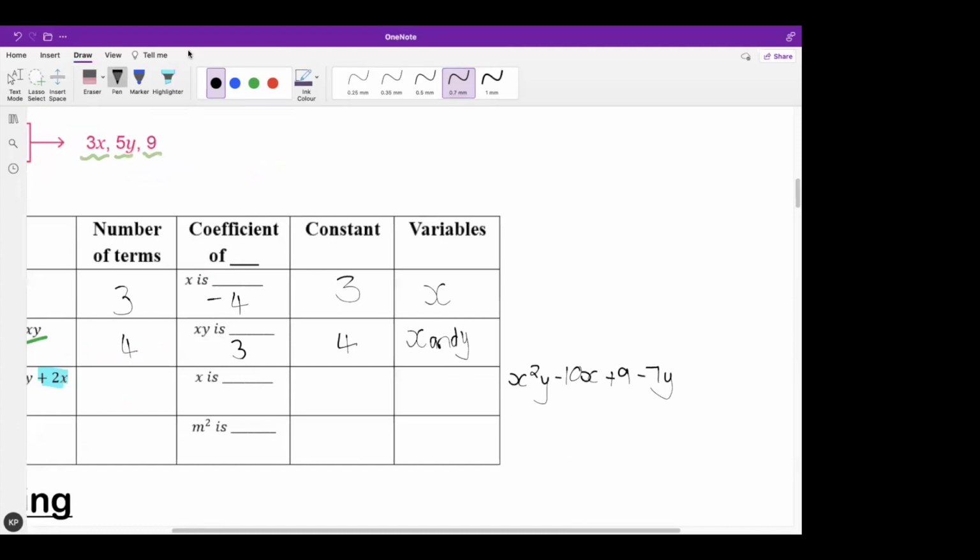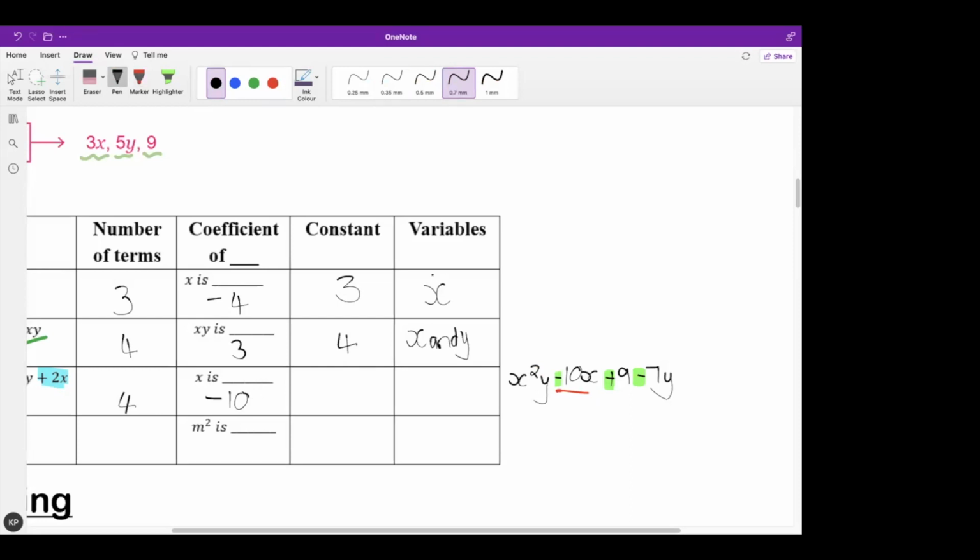How many terms do we have over there? Once again, we have 3 separations, which means we have 1, 2, 3, 4 terms. Great. What is the coefficient of x? Nice. The term with x is over here. And the number in front of it is not just 10, it is negative 10.